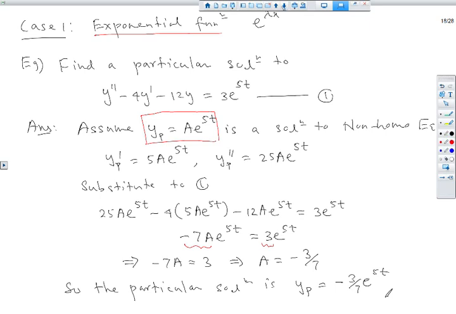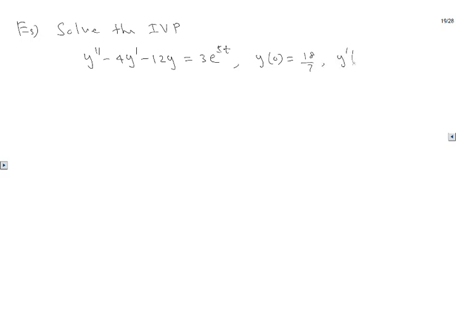So example, let's say we have to solve the initial value problem, y double prime minus 4y prime minus 12y equal 3e to the 5t, along with y(0) equal 18/7 and y prime (0) equal -1/7. So let's see how we can solve this problem.